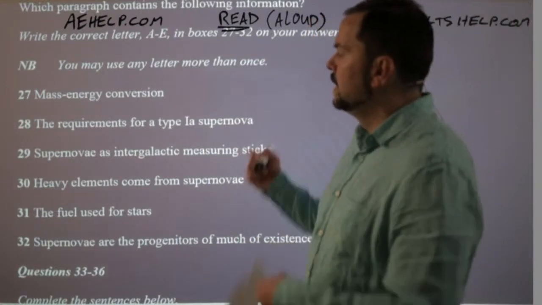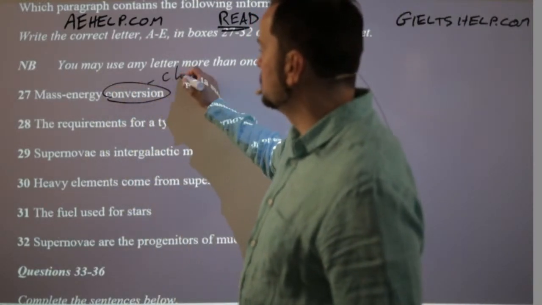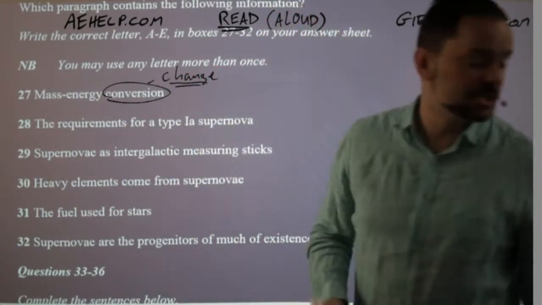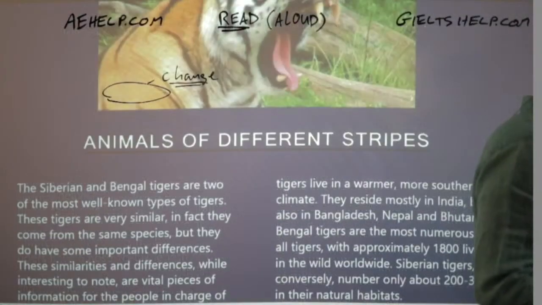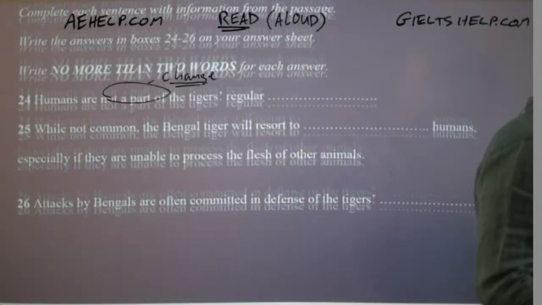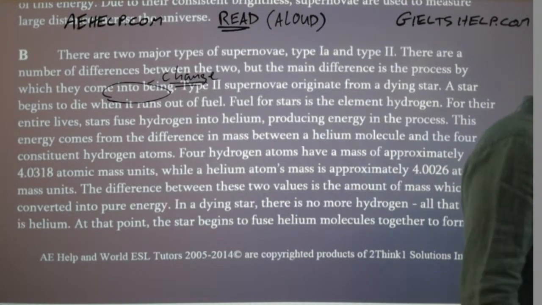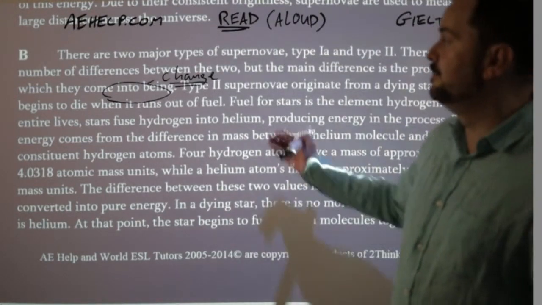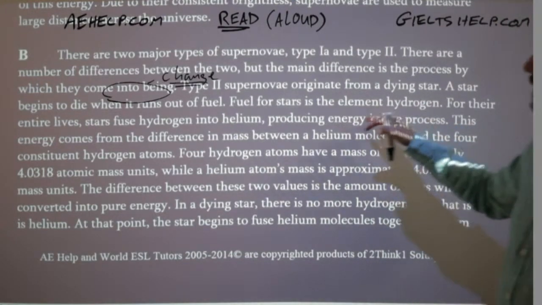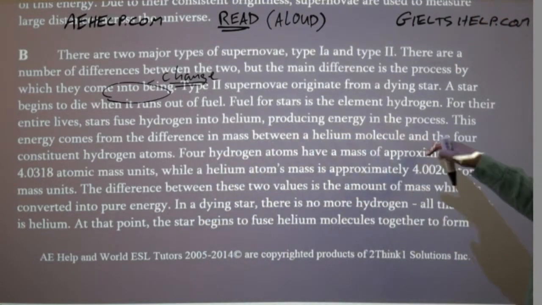Don't overthink it. So here the key word is conversion. Conversion means to change. Okay? And if you focus on this word change, you remember that it's paragraph B that really talks about changing hydrogen into helium, and the difference in mass between the helium molecule.